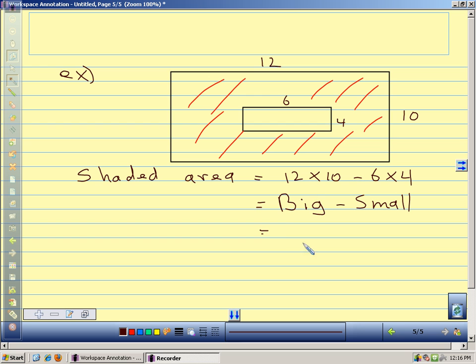So let's calculate. 12 times 10 is 120, minus 6 times 4 is 24. So 120 minus 24, we get what? 96. And our units? Square units.